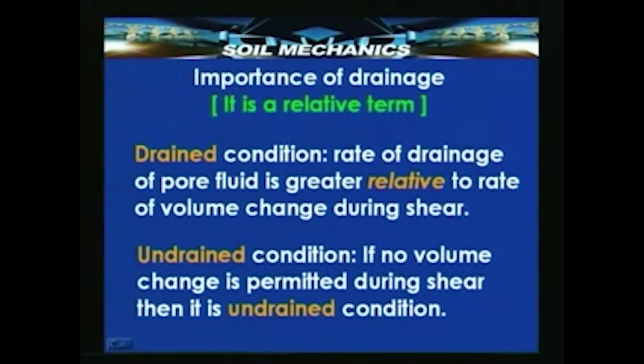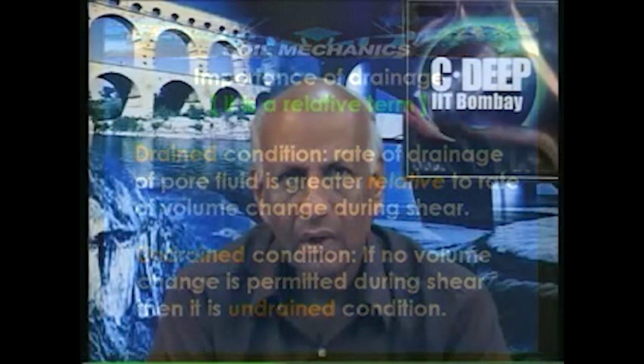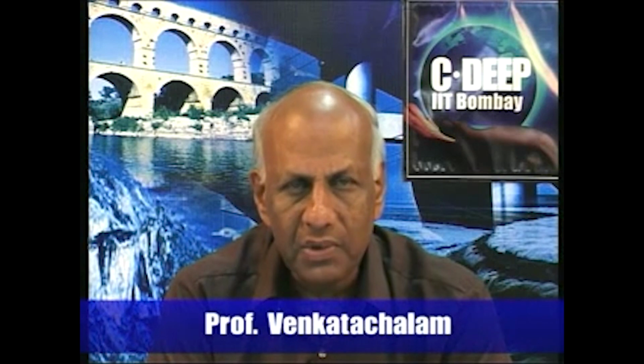On the other hand, if I say that the test is conducted under undrained conditions, it could mean either that there is no passage for the water to go out, or it could mean that the shearing is done so rapidly that water does not get time to get a free passage out. Now this is important because whereas in a laboratory test we can create conditions of complete drainage or complete no drainage, in the field it is not possible.